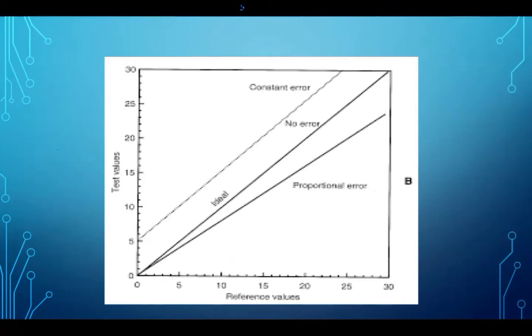So what we can do, we can document this for biochemistry analyzer, for different analytes, for hematology analyzer, different parameters.